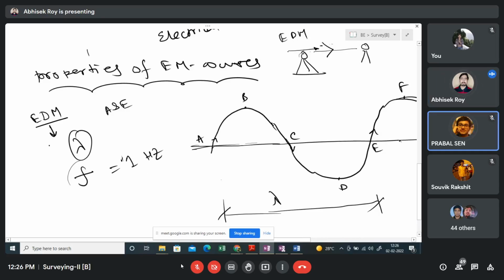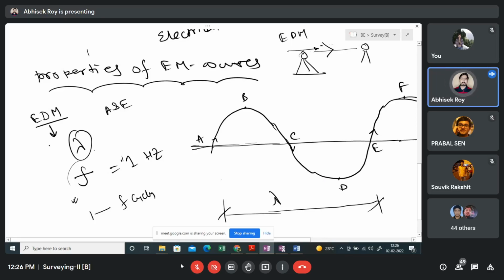If it completes f cycles in 1 second, its frequency will be f hertz.